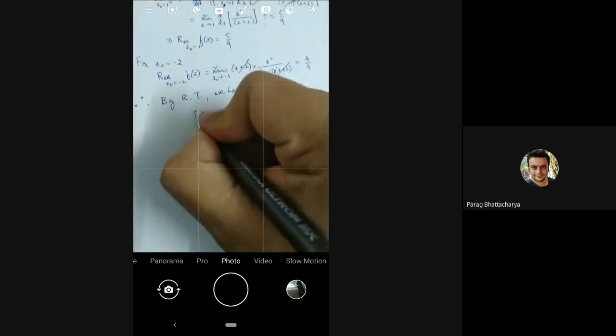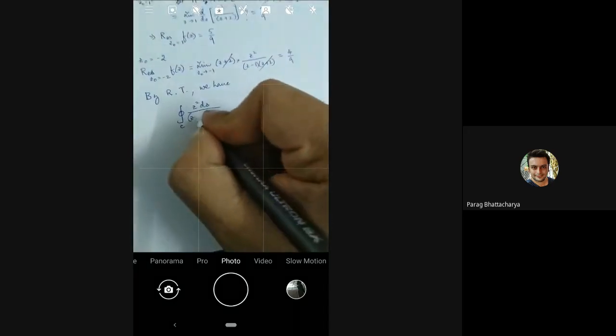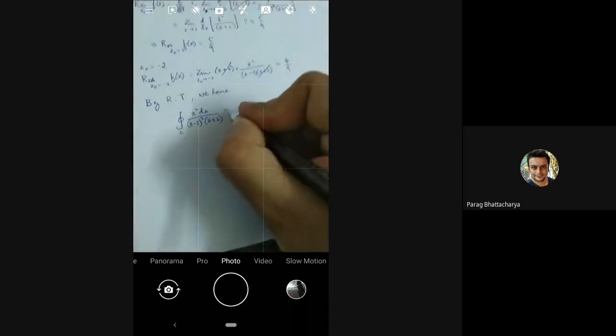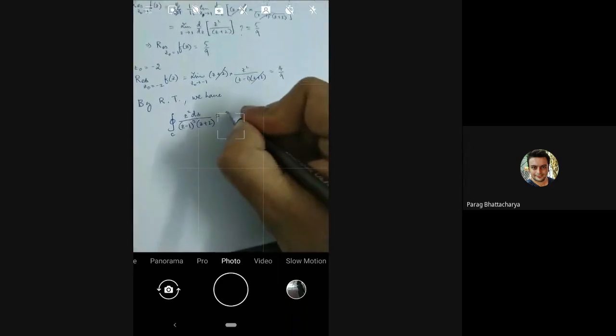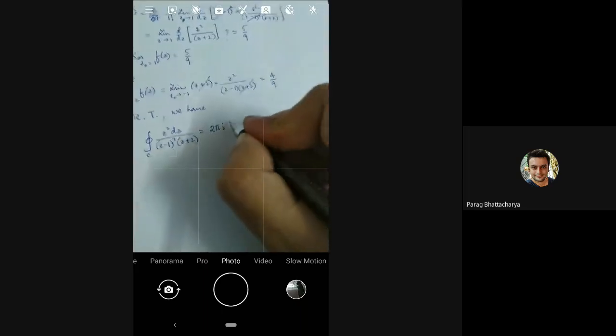So by this residue theorem, we have the integration over C of this function z squared dz divided by z minus 1 squared into z plus 2. This is going to be equal to 2 pi I times the summation of all the residues.